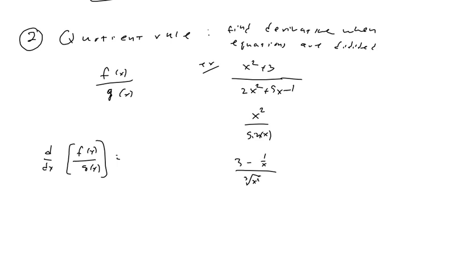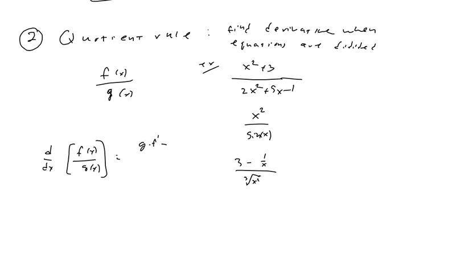So follow along carefully, write this down. It's going to be g of x times f prime. So you do the bottom equation times the derivative of the top. So it's g times f prime minus f times g prime.